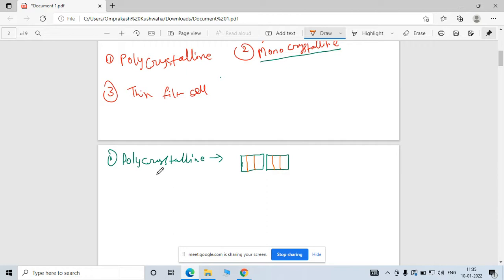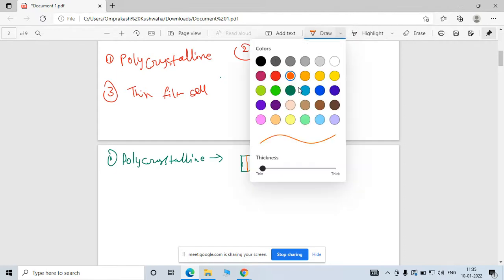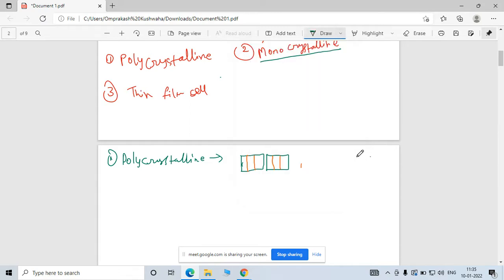This is one identification: by observing this you can say that this is a polycrystalline plate. The second is that polycrystalline is generally made in blue color.